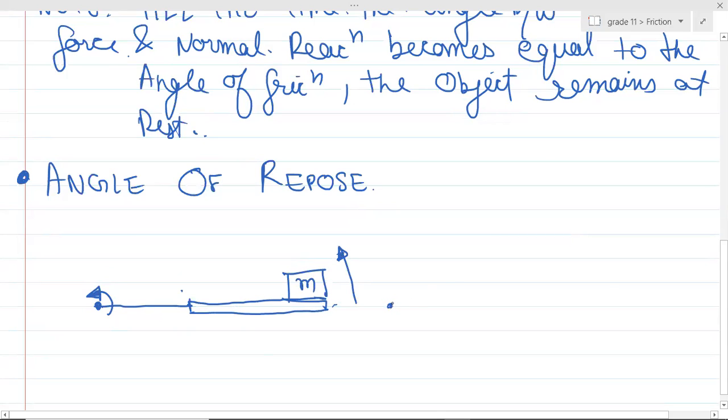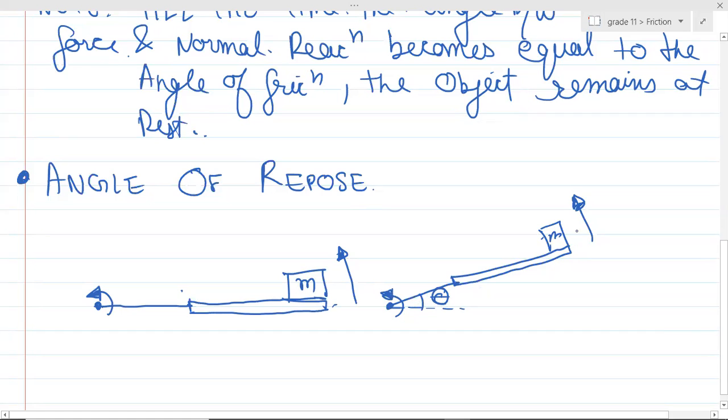Does it make the diagram look like this? If this thing is rotating about this particular axis, and the plank had a block of mass m, and we raised it by a certain angle theta. Can you see where it raised by a certain angle theta?